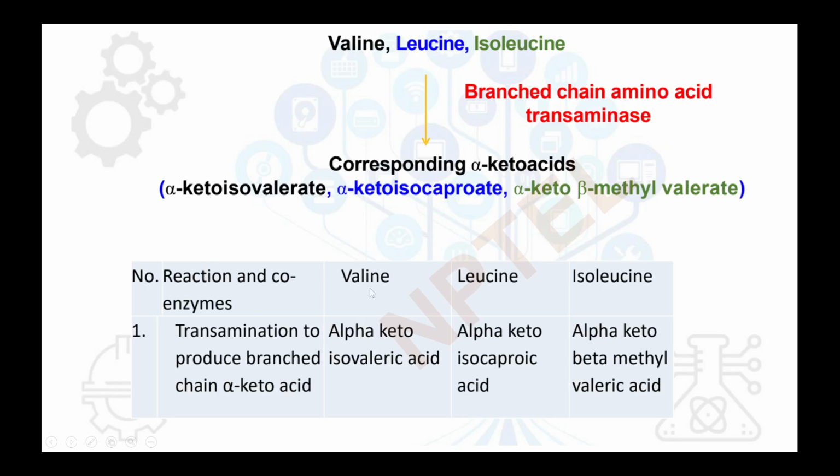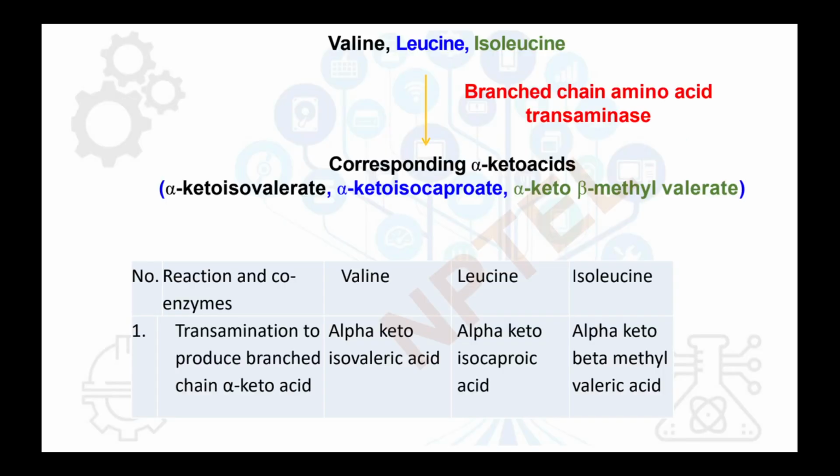So if you remove the amino group of valine, you are left with alpha keto isovalerate. If you remove the amino group of leucine, you are left with alpha keto isocaproic acid. And isoleucine gets converted into alpha keto beta methyl valeric acid. Okay.